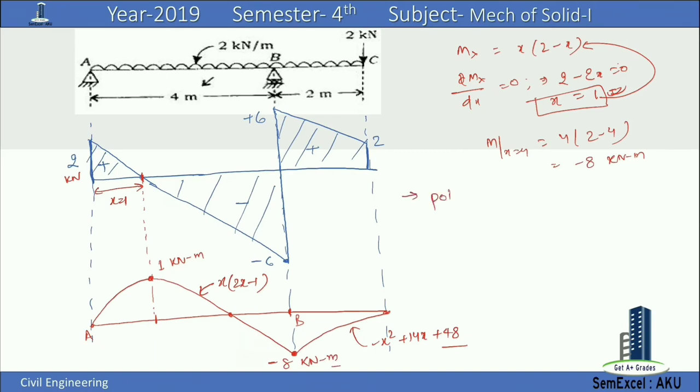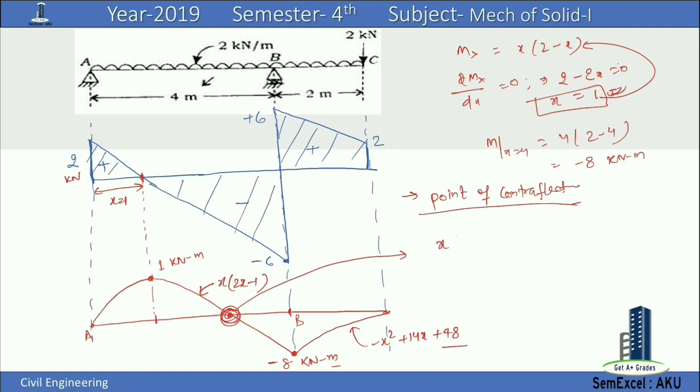Again we have to calculate the point of contraflexure. This is the point where the bending moment changes its sign. So in this diagram, the bending moment changes its sign at this point. So we have to calculate this point. We can see at this point the moment is equal to 0.